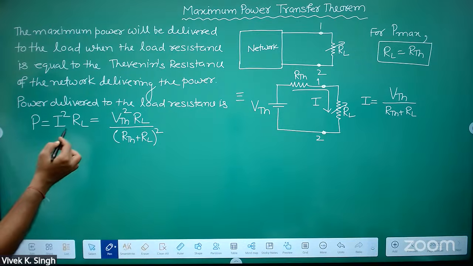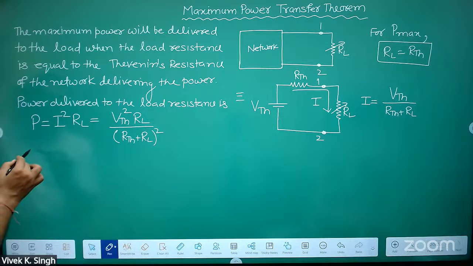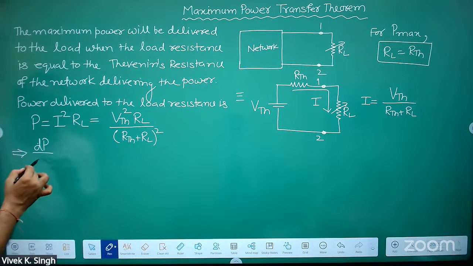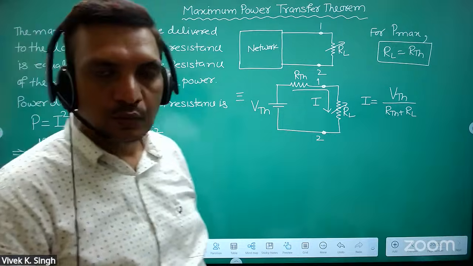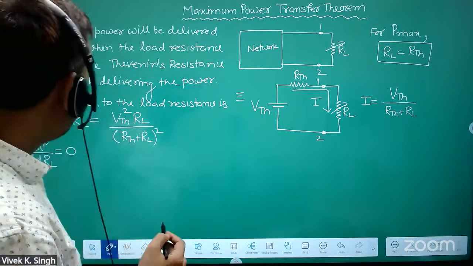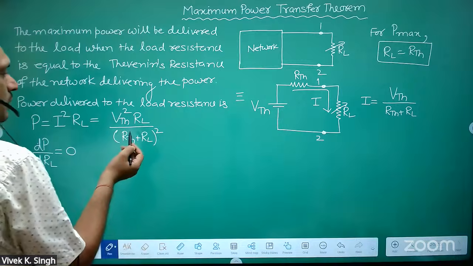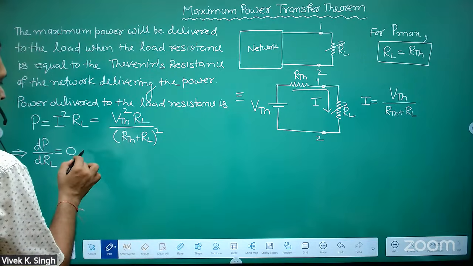So if you want to see for maxima minima, we have to see that this dP by dRL should be 0. Let's differentiate with respect to RL, because RL is variable, and then we have to see for what value you will get the maxima.